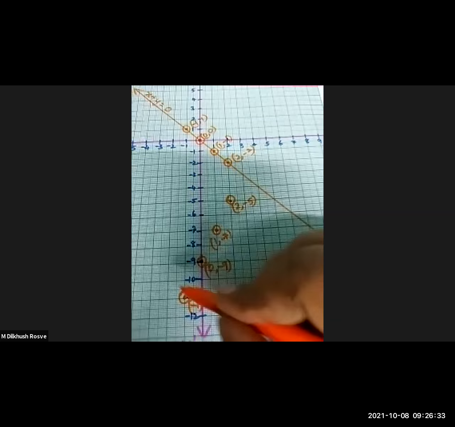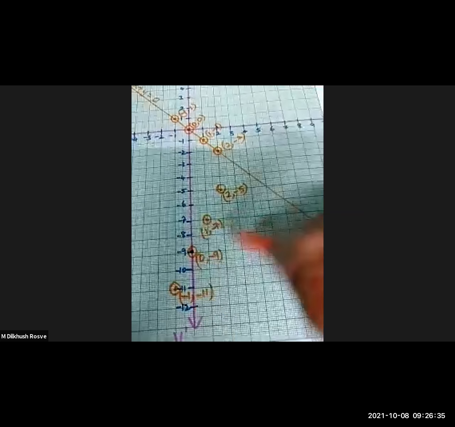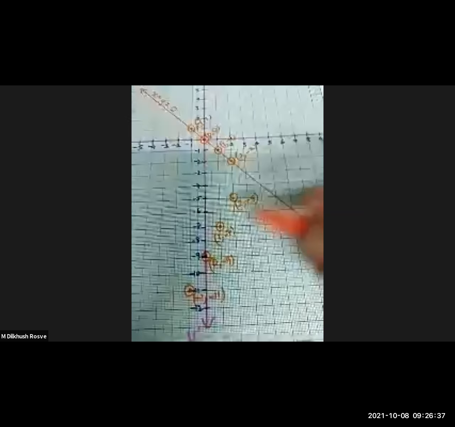Now you see 1, 2, 3, 4 points you are getting. They are collinear points, so you can join all these points. Yes.